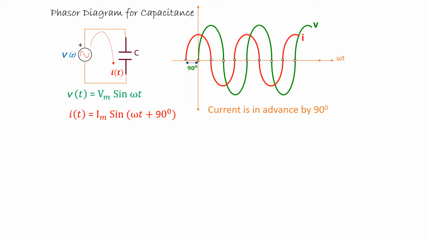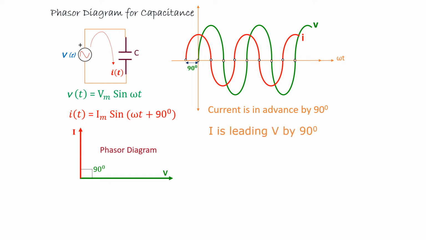The mathematical equation for the current can now be given by Im sin omega t plus 90 degrees. The phasor diagram looks like this. Taking voltage as the reference at 0, the current will be leading by 90 degrees.